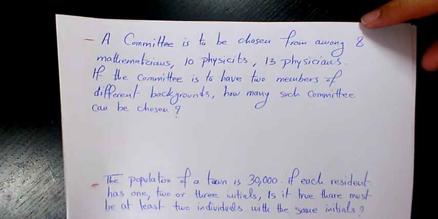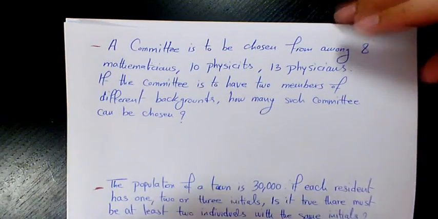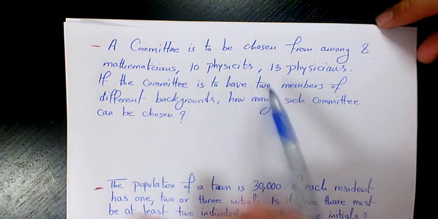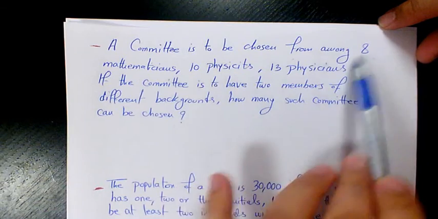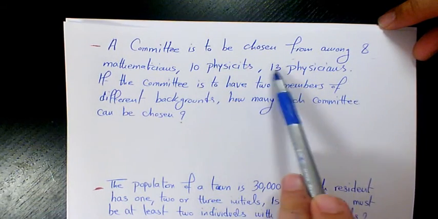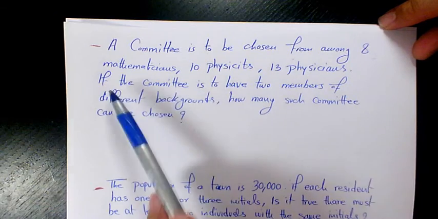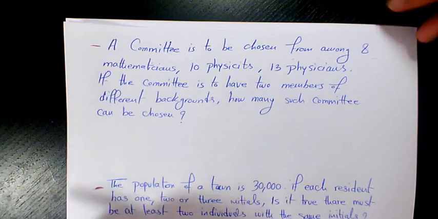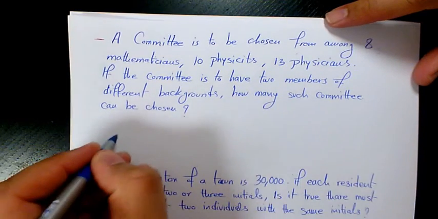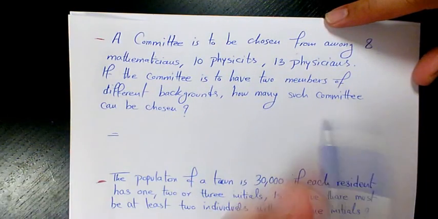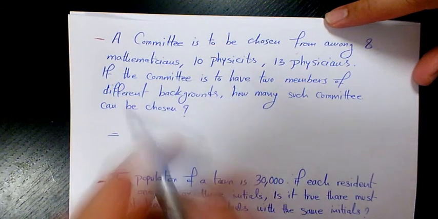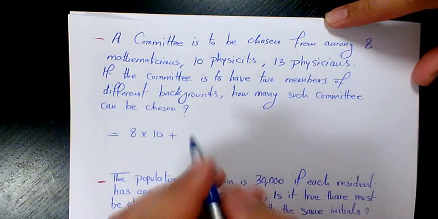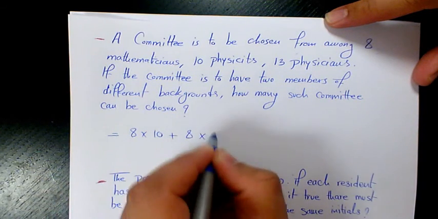Next example. Here it says a committee is to be chosen from among 8 mathematicians, like previously, the same example but with a little bit of difference. We have 8 mathematicians, 10 physicists, and 13 physicians. If the committee is to have 2 members of different backgrounds, how many such committees can be chosen? If we have 2 people from mathematician and physicist, it's going to be 8 times 10. If one is a mathematician and the other a physician, we have 8 times 13.